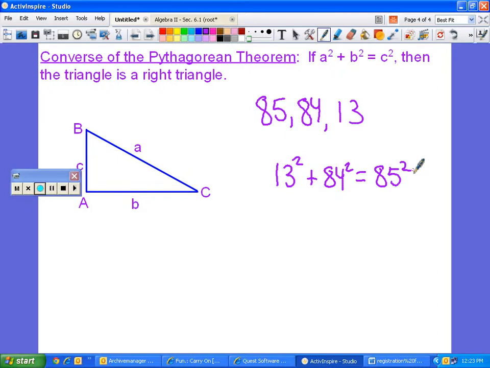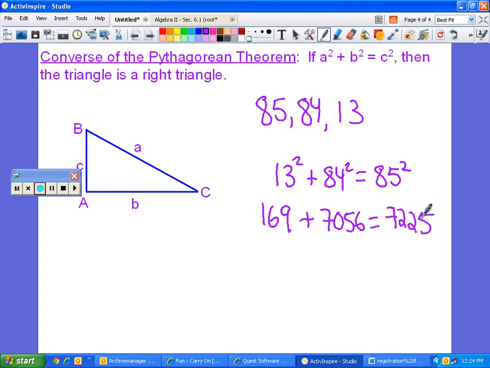So 13 squared is 169, and 84 squared is 7,056, and 85 squared is 7,225.